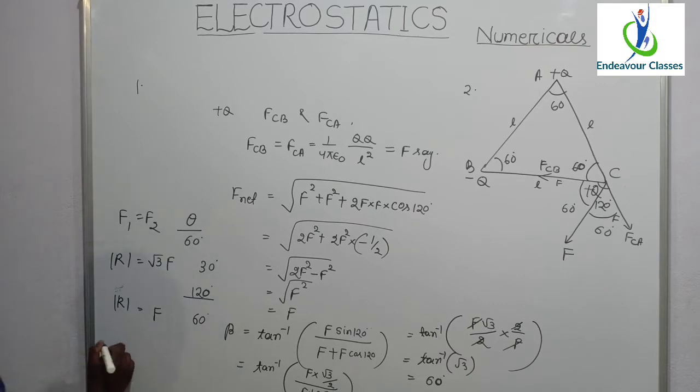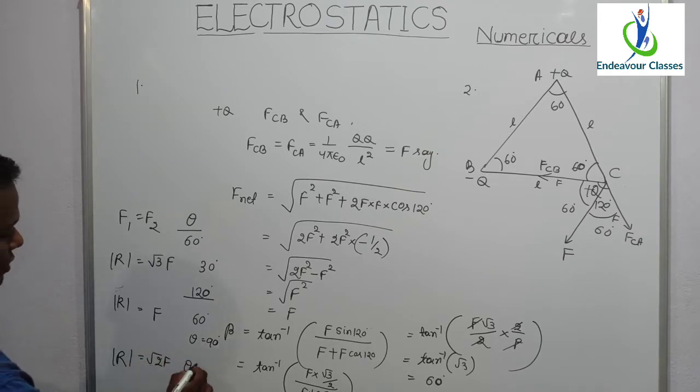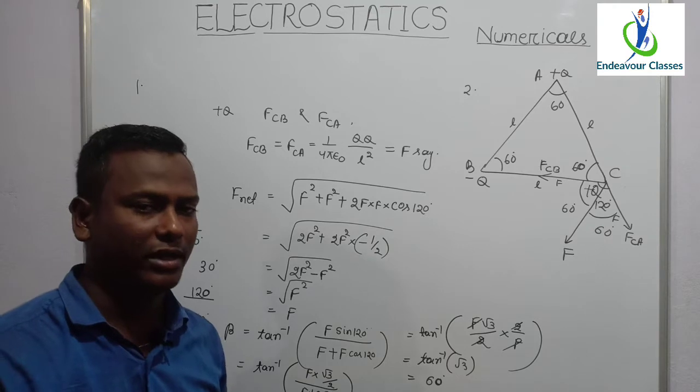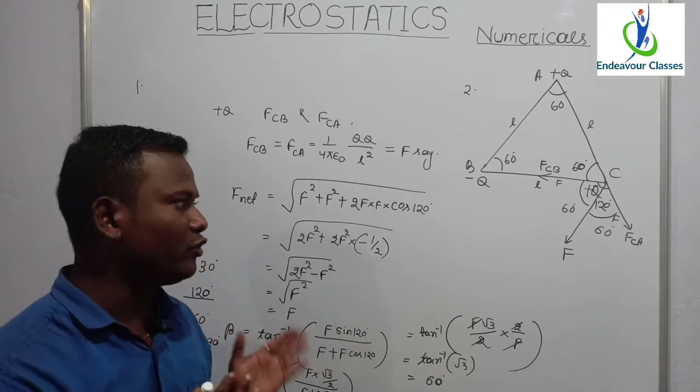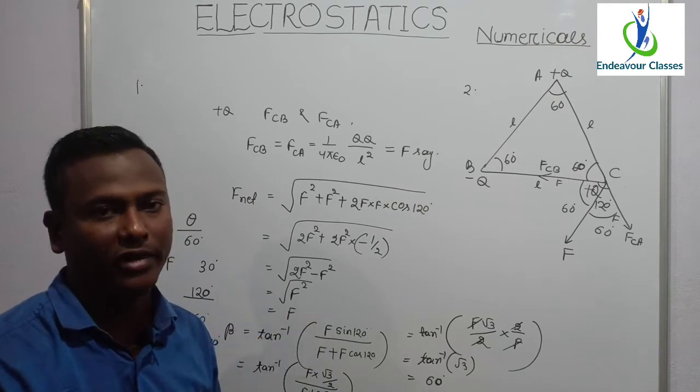And if theta is equal to 90 degree, then the magnitude of the resultant will be root 2 F, and beta will be 45 degree. So this concept we already know from vector addition. Here we are only reproving the concept of vector addition.